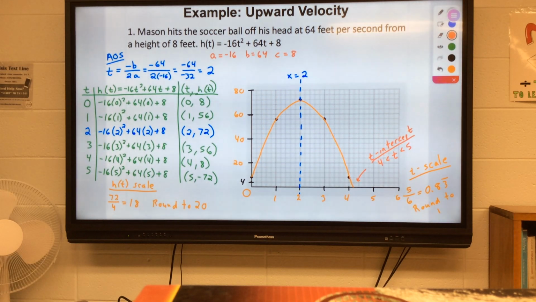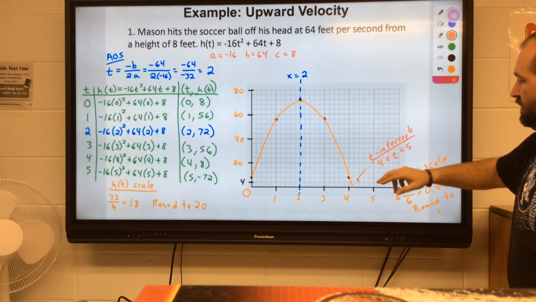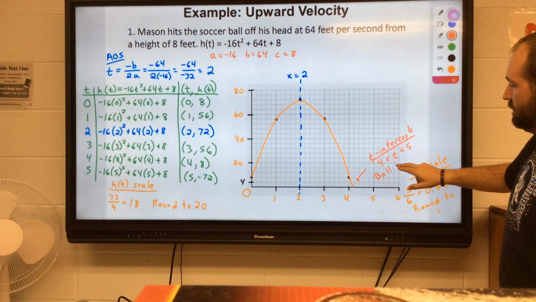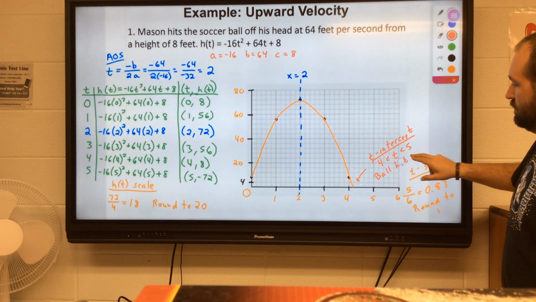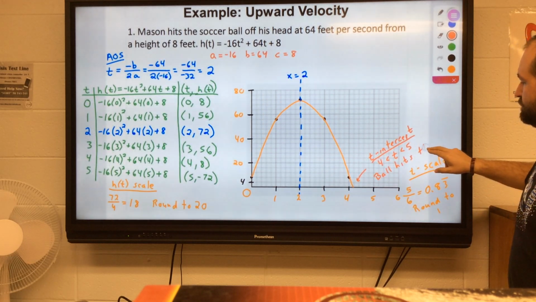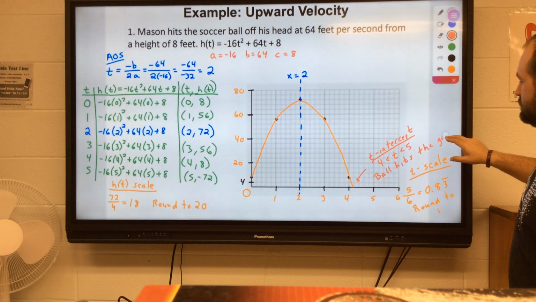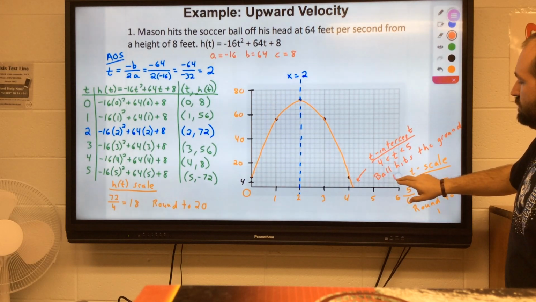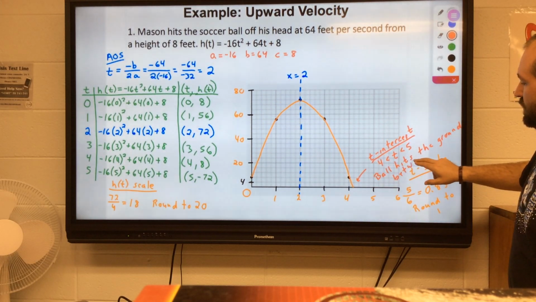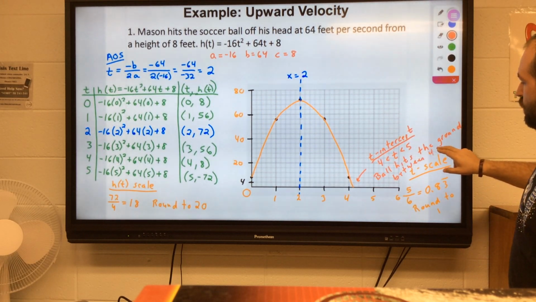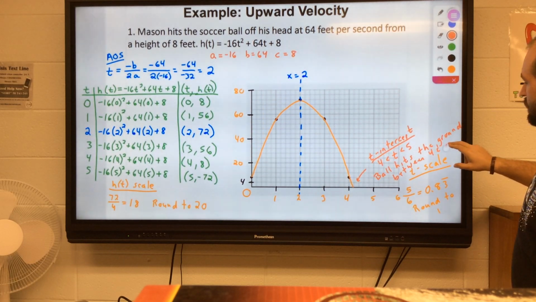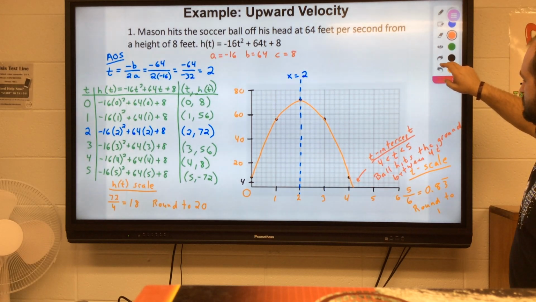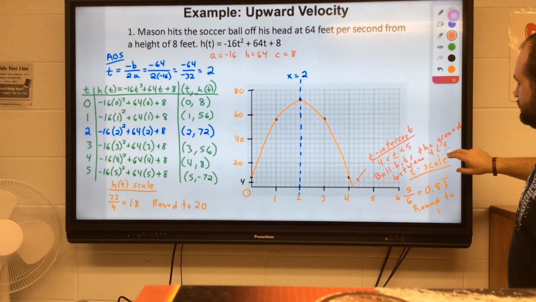That means that the object, or the soccer ball here, has now hit the ground, the ball hits the ground between 4 and 5 seconds.